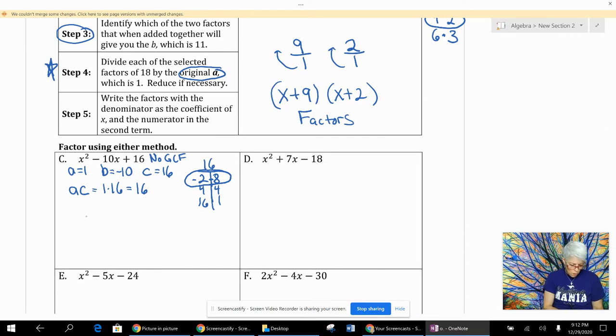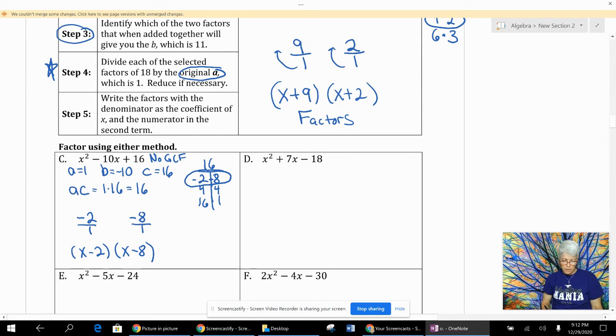I'm going to write the factors out and divide both of them by A, and A is 1. Bottoms up. The 1 is represented by x, so I have x minus 2 and x minus 8, and I'm done.